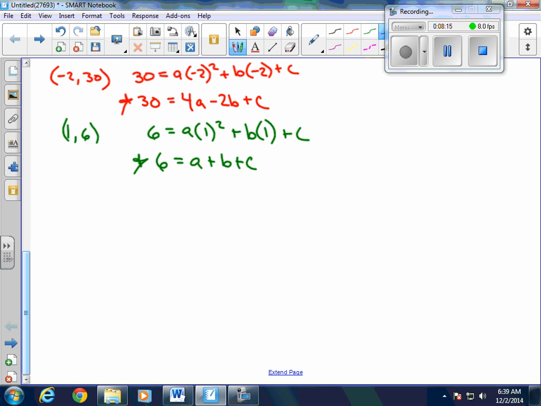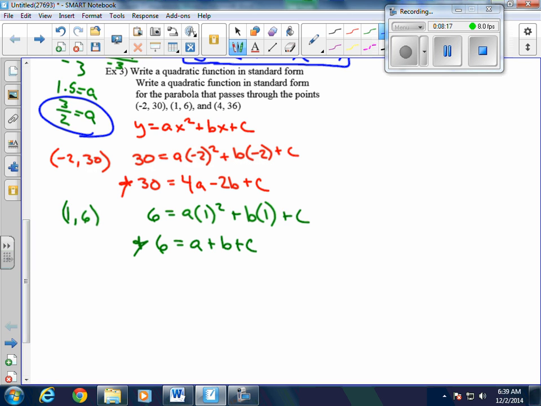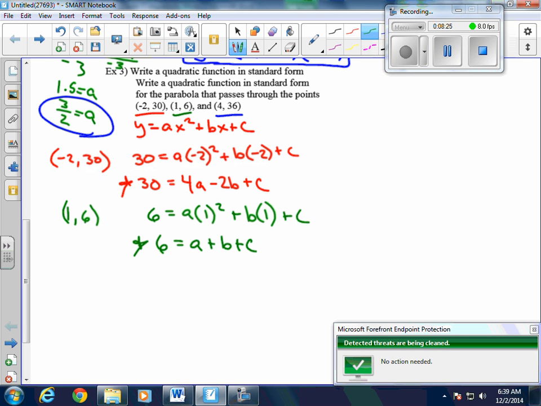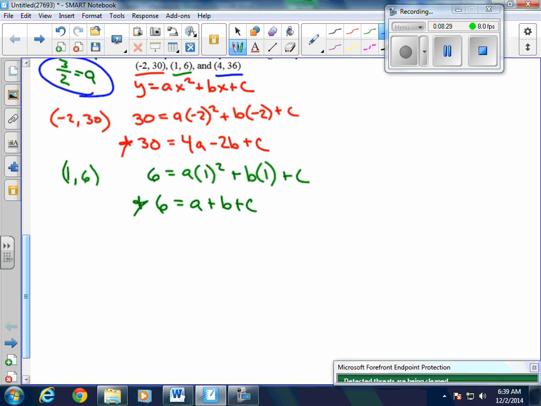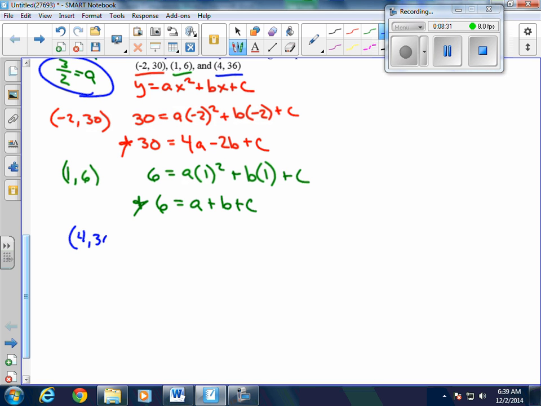And then we're going to do the same thing with the third point. So we're going to take 4, 36, and we're going to do the same thing. So 36 equals a times 4 squared plus b times 4 plus c.